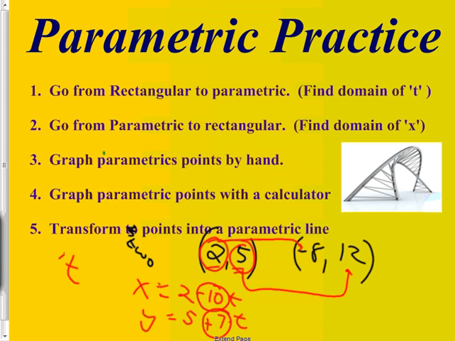How do I know that the domain on this thing's from 0 to 1? Exactly. If you plug in the 0 into this little set of equations, you'll get 2 comma 5. Guess what you get when you put in a 1? Negative 8 comma 12. Yep.